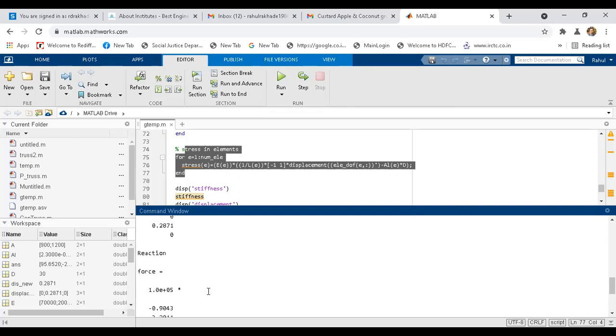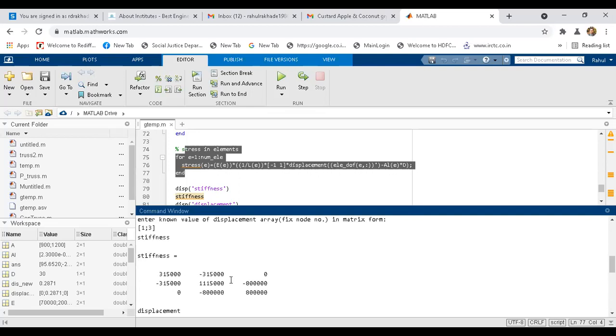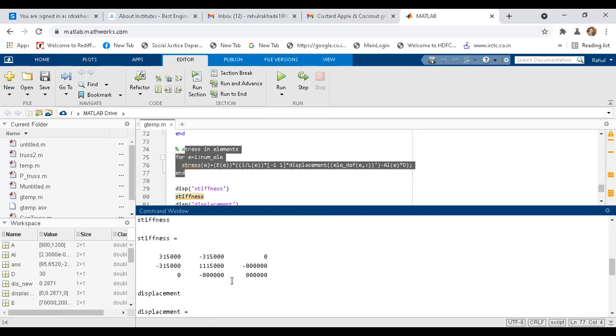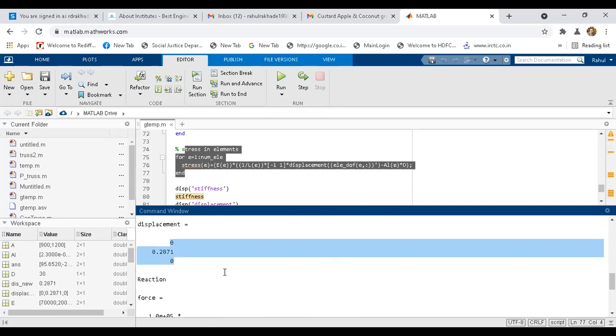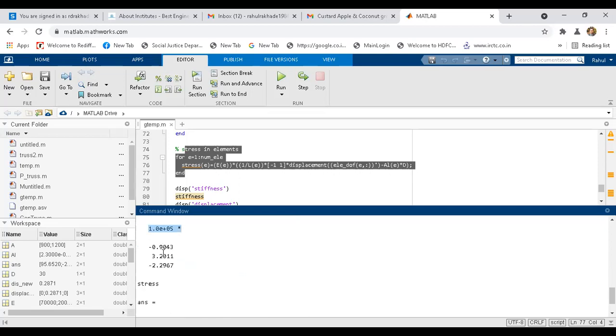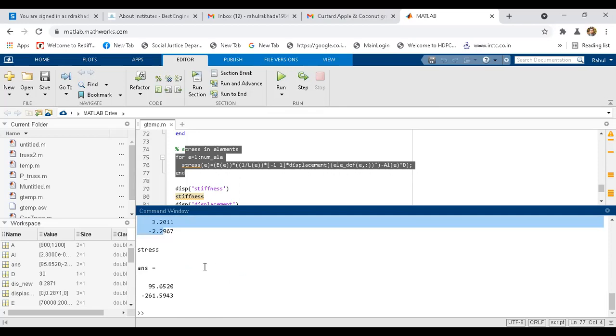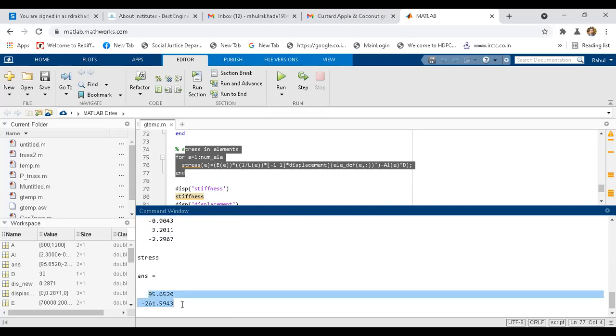Same answer given in conventional method and same answer given in MATLAB also. So this is our input and stiffness matrix, displacement d1 d2, d2 also correct, 0.28, reaction also correct. Okay, and stress is also correct.